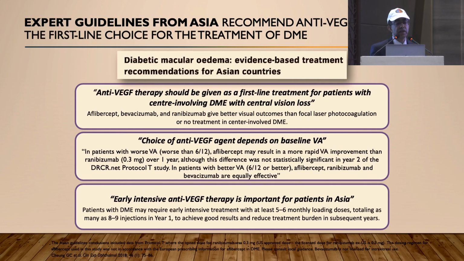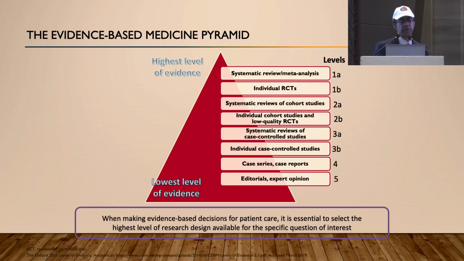Another expert guideline from Asia shows that anti-VEGF therapy should be given as a first-line treatment for patients with center-involving DME with central visual loss, and the choice of anti-VEGF depends on the baseline visual acuity, and early intensive anti-VEGF therapy is important for patients in Asia. So this is more region-specific, if you may call it that.